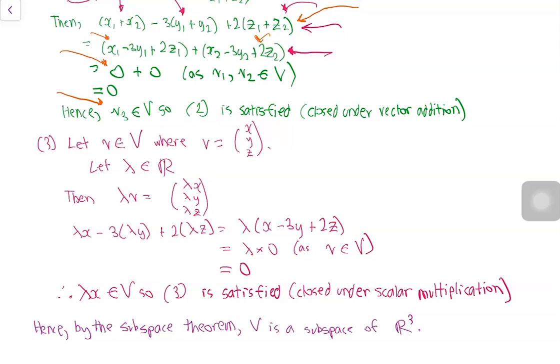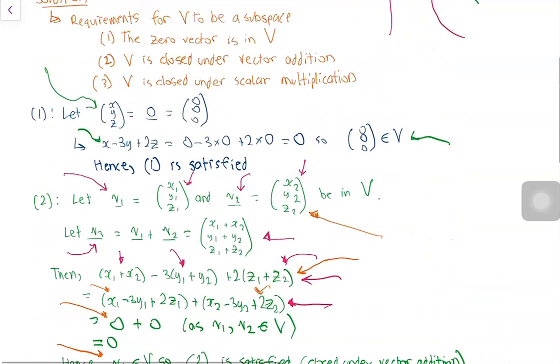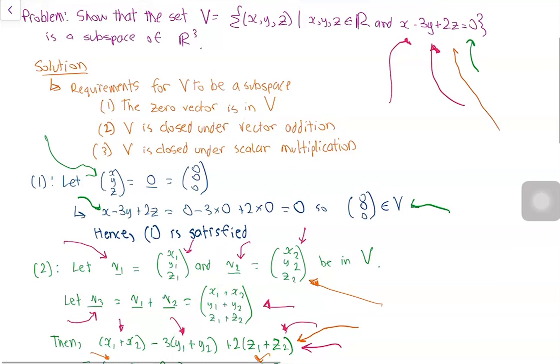And now we will pick a scalar lambda which is inside the reals, and we find lambda v is equal to lambda x, lambda y and lambda z. And now we want to check if lambda v is also inside the capital V. So we will again substitute into the formula from earlier, which is x minus 3y plus 2z equals 0, and check if this condition is satisfied.